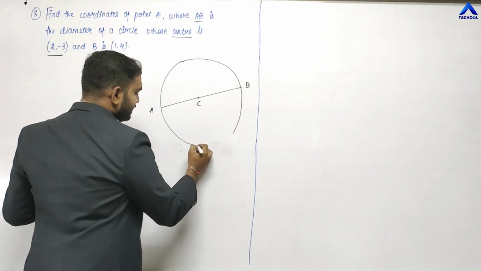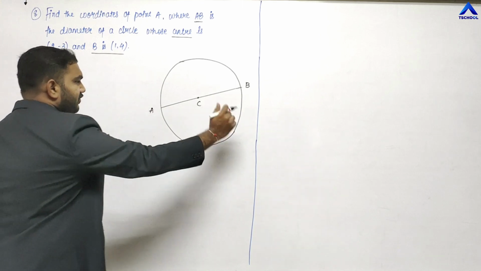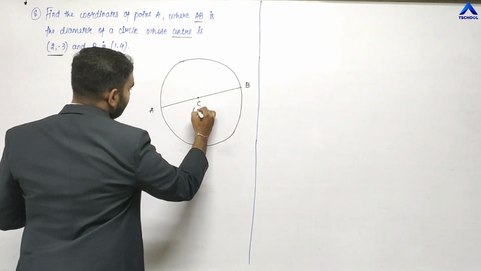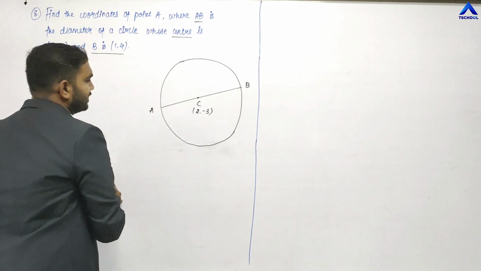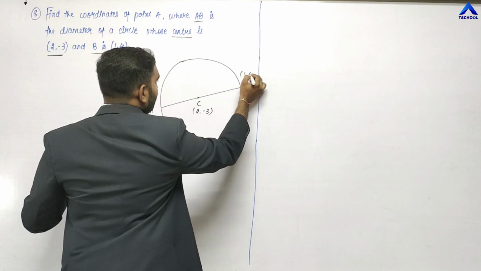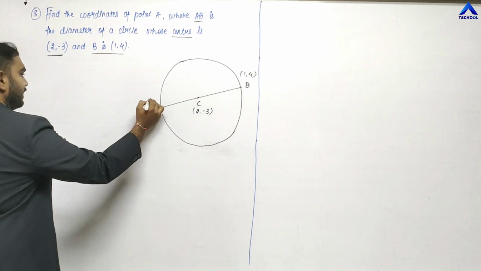So this represents a circle with diameter AB and center C. Now we are given that the center of the circle is 2, -3. The coordinates of B are given, that is 1, 4. And we need to find out the coordinates of A.